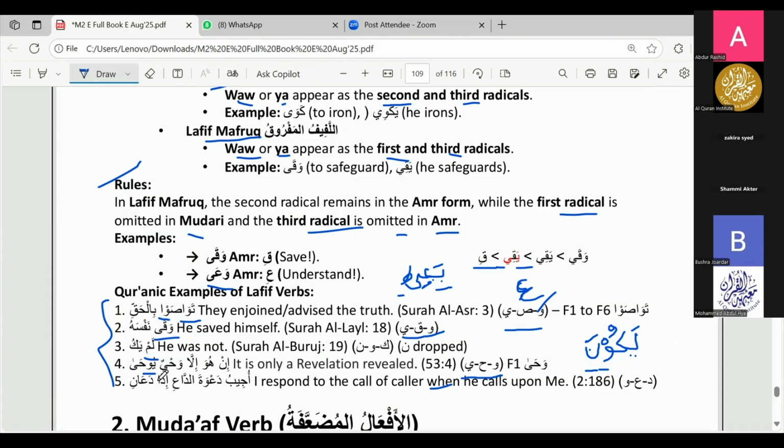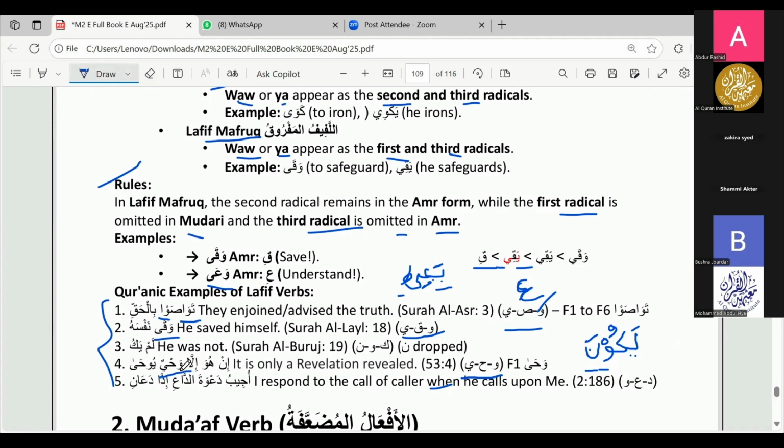Now number 4 is in huwa illa wahyun yuha. Because of my writing, I cannot see, let me rub it out. So here we know that in and illa is the hasr, giving exclusivity. So we have to find out the lafif verbs.